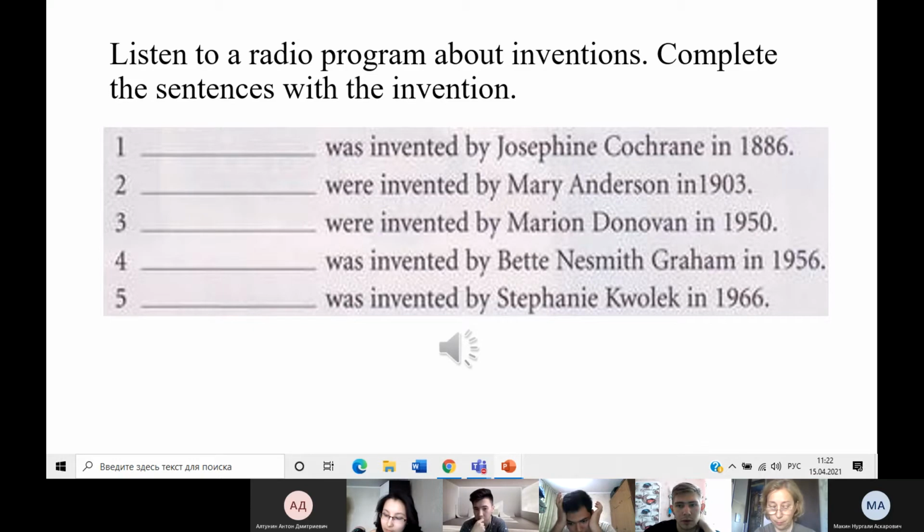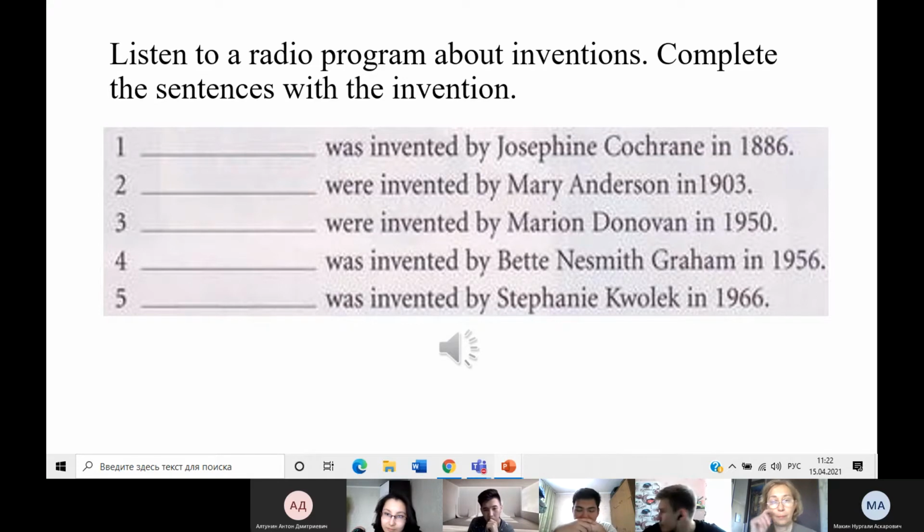She was a rich American who gave a lot of dinner parties, but she was annoyed that her servants used to break plates and glasses when they were washing them after the party. So Josephine decided to try and invent a machine which could wash a lot of plates and glasses safely. Today, the dishwasher is used by millions of people all over the world.